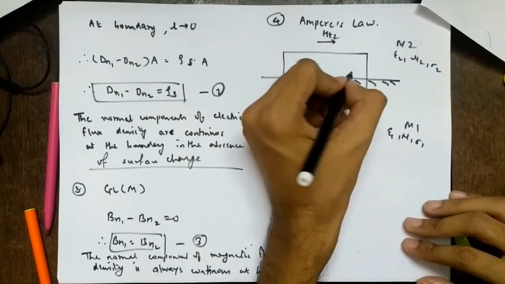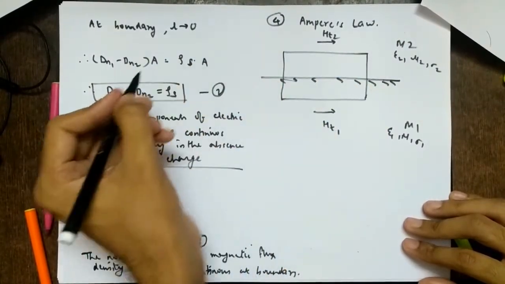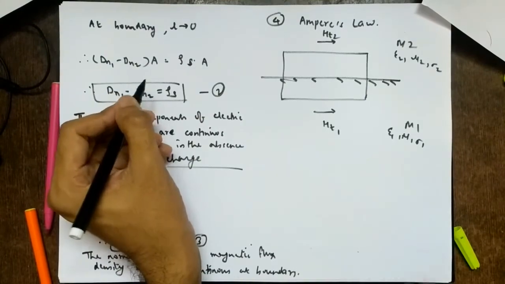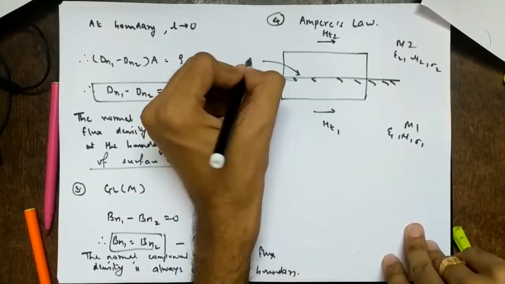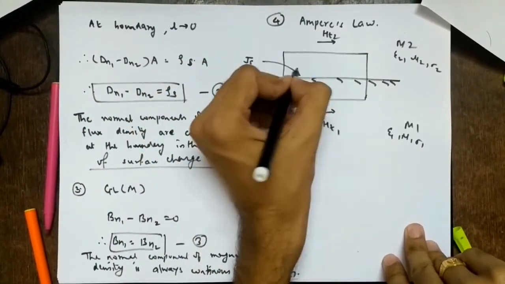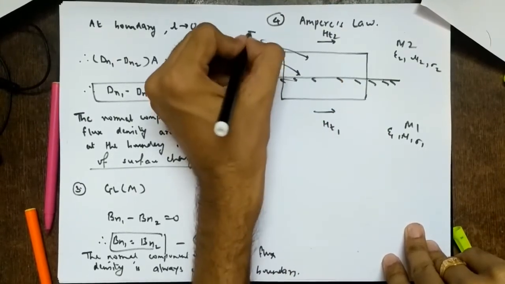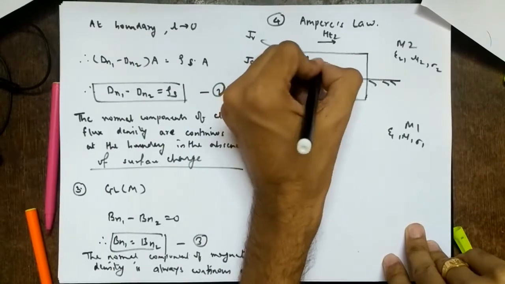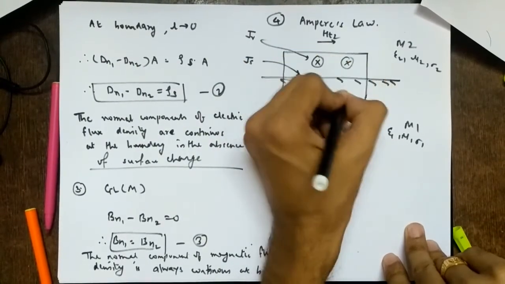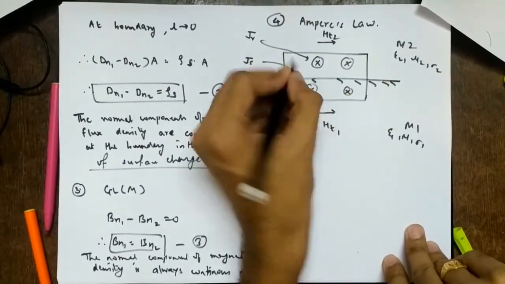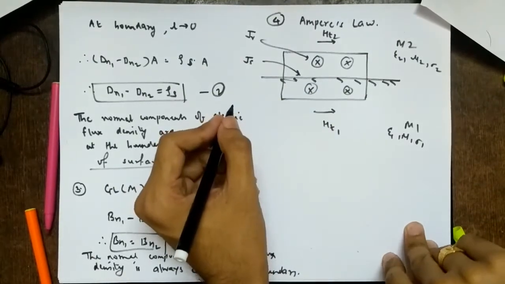So similar to the electric surface charge and volume charge, we'll have what? Js here along the surface, and inside we'll have Jv, right? And let's say they are going inside. Why? Because J is a vector, so we are assuming that they are going inside, right?